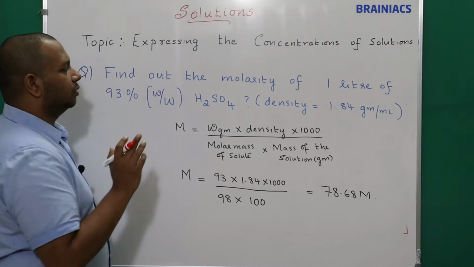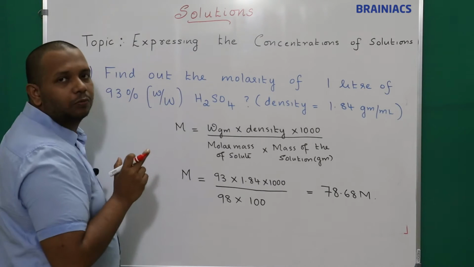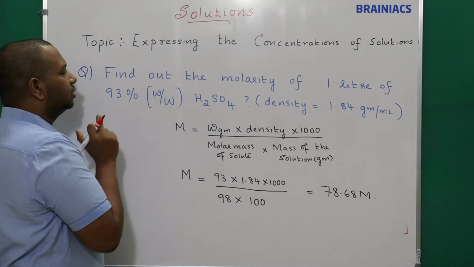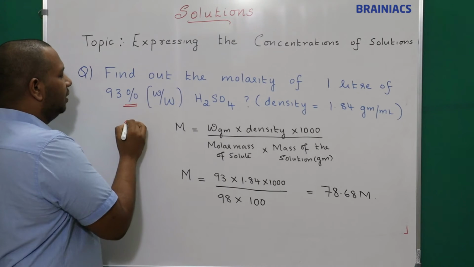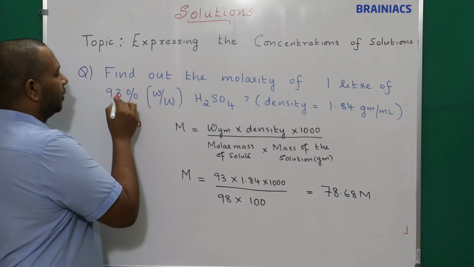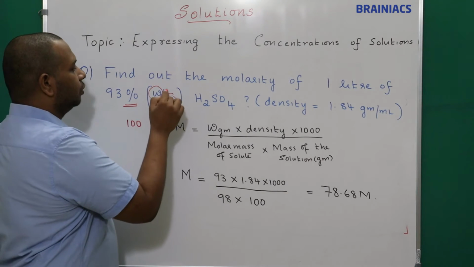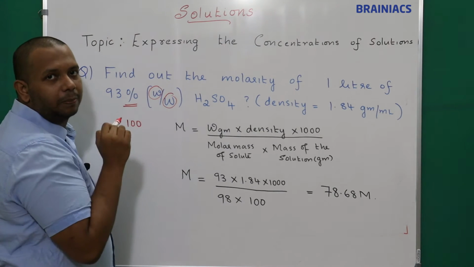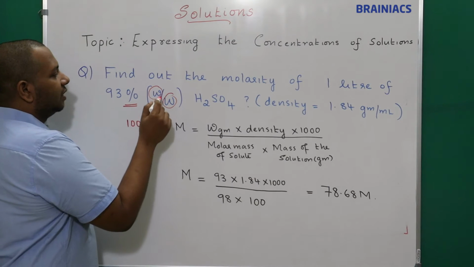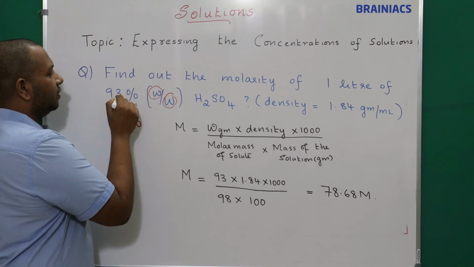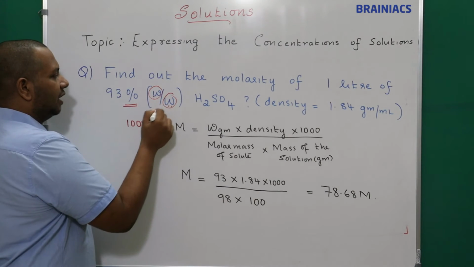Now please interpret the question, very important. They are asking the molarity of 1 liter of 93% H2SO4. So how will you understand 93% H2SO4? Since percentage is given, it means in terms of 100. So what is the W by W? We have learned this, correct? Mass of the solute by mass of the solution. You remember percentage W by W, V by V, M by V. So from this I can understand that 93 W by W means 93 gram of the solute is present in 100 gram of the solution.